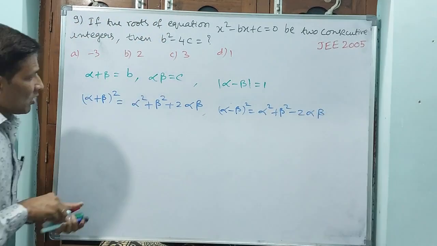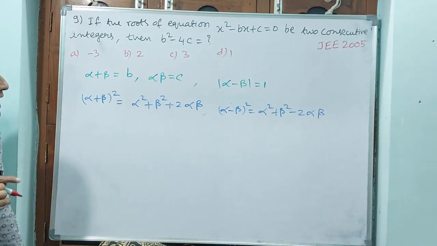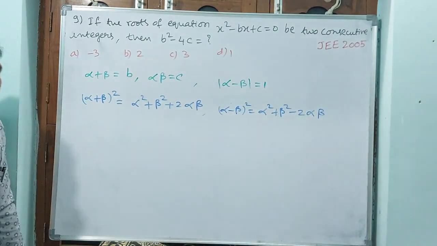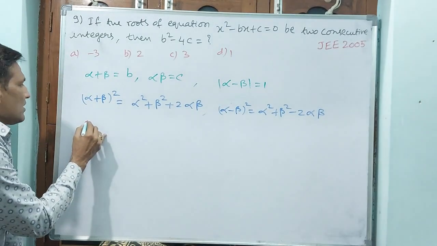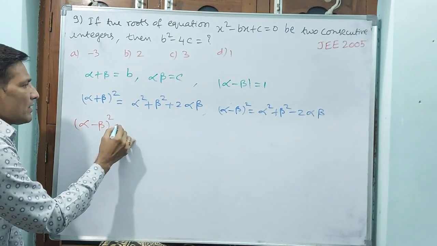Now what I want to do, I want to subtract, because alpha minus beta square I want.